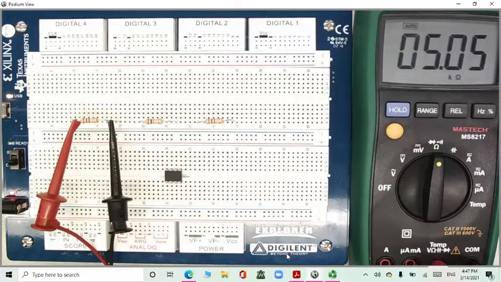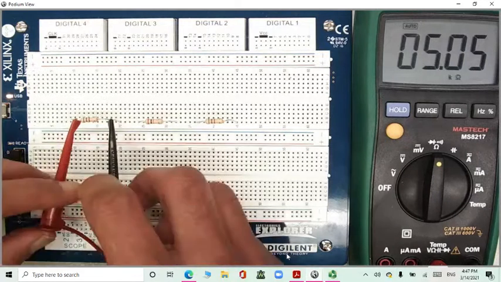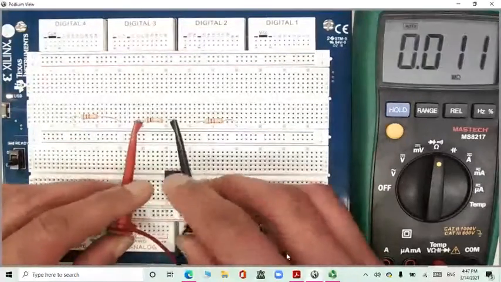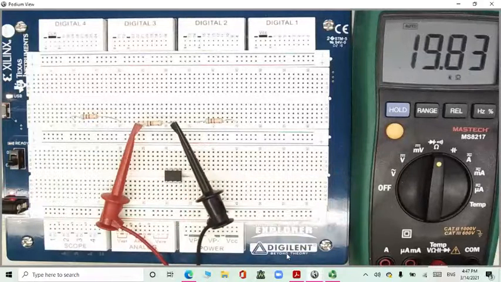R1 theoretically is 5.1 kilo ohms, and practically we got 5.05 kilo ohms. R2 theoretically is 20 kilo ohms, and by measurement it's 19.82 kilo ohms.